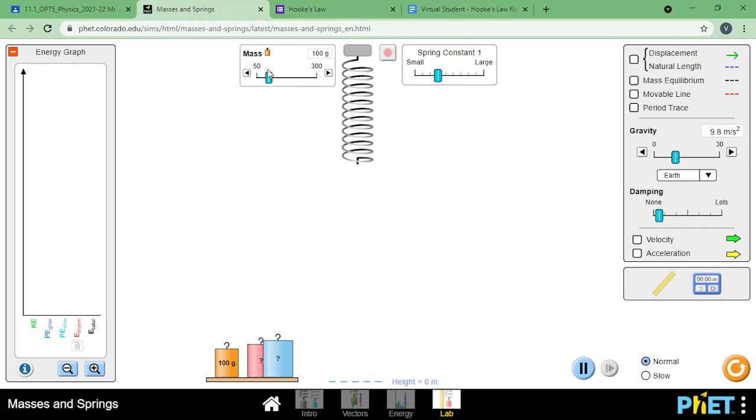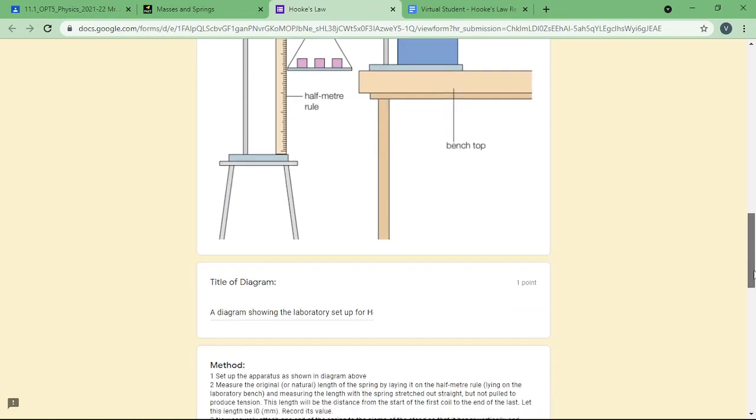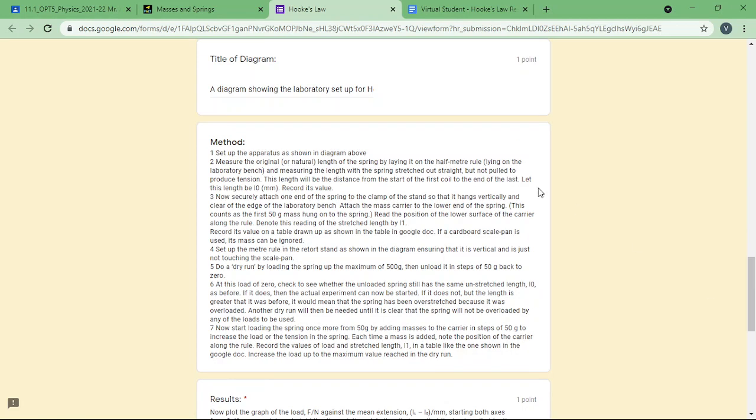All right, so our 50-gram mass will act as our scale pan first. All right, because in this experiment it is said that we would add the scale pan and then we would have recorded that. All right, now repeat.